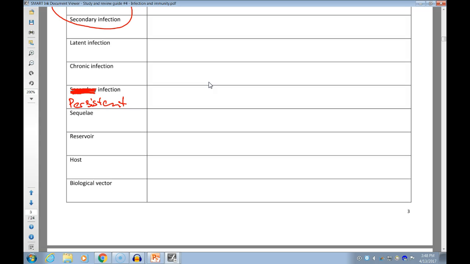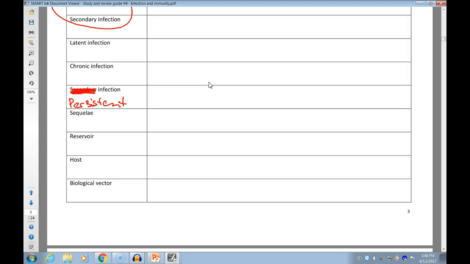So the reservoir is necessary for the maintenance of the microbe. Host, well, say for influenza, we are hosts mostly. Because if we were gone, influenza wouldn't be gone. It's still going to circulate through the birds and pigs.